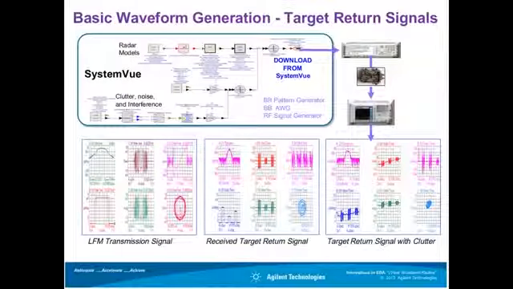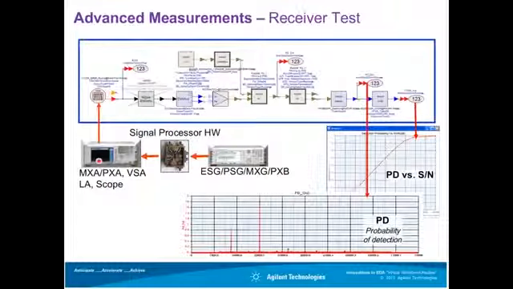Firstly, we can use the simulation to generate a group of signals, then download them to hardware, test the DUT, and use a signal analyzer or scope to observe the waveform. That is the first use. Then we have a second way to use it. The observed waveform can be captured back into system view using the VSA source to do simulation analysis and extract more information.